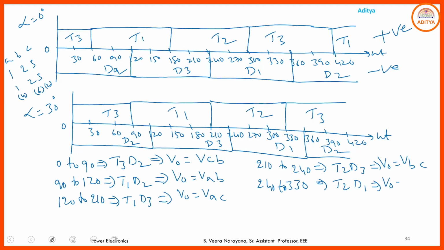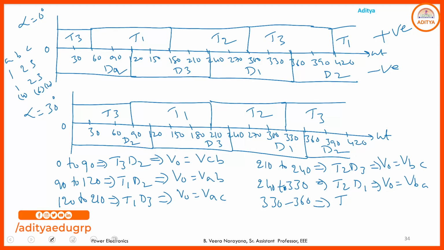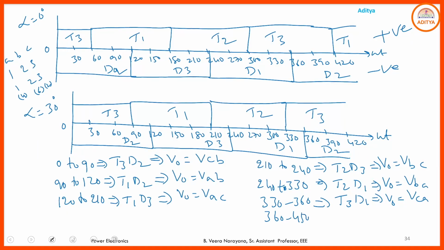Then V0 is equal to VBA. 2, 1. 330 to 360, T3, D1. V0 is equal to VCA. 360 to 450, again T3, D2, again V0 is equal to VCB. You are getting it like this.